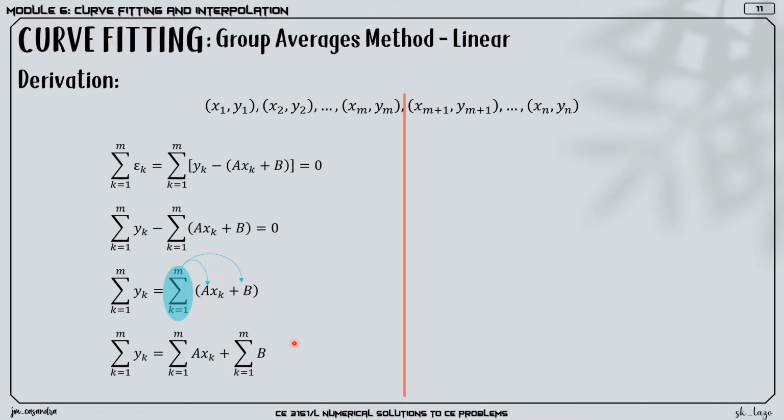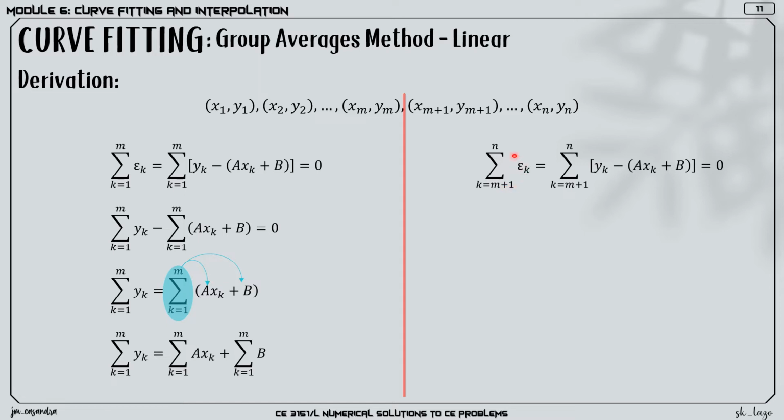So for the second half, we also apply a similar process. So we write the summation of the errors sub k from k equal to m plus 1 up to n is equal to the summation of y sub k minus the quantity a x sub k plus b from k equal to m plus 1 to n equal to 0.